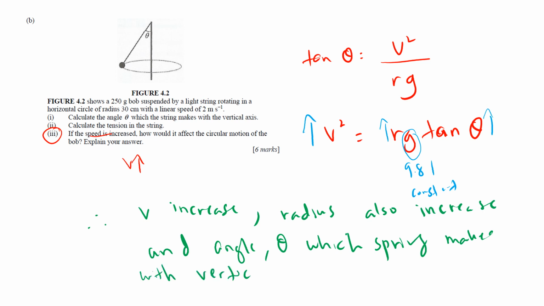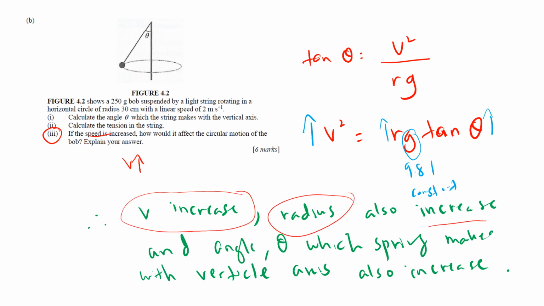Because your angle is on the vertical axis, the theta here also increases. So the keyword here is, when V increases, R also increases. The angle theta that you are talking about, the angle on the vertical axis, also increases.